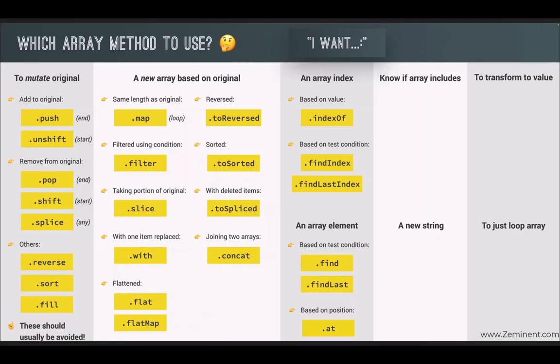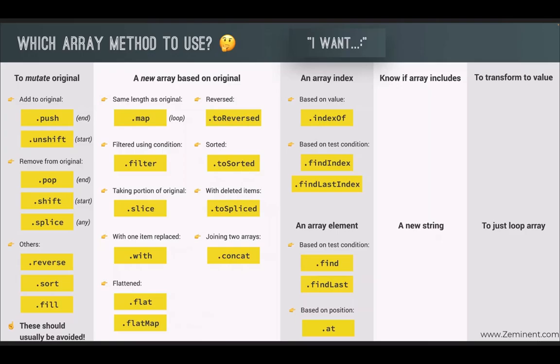Besides that, they're pretty similar, and both give the index of a certain element in the array. And now if we actually need the array element itself, again based on a test condition, then we use the find or findLast methods. So these ones are pretty similar to findIndex and findLastIndex.